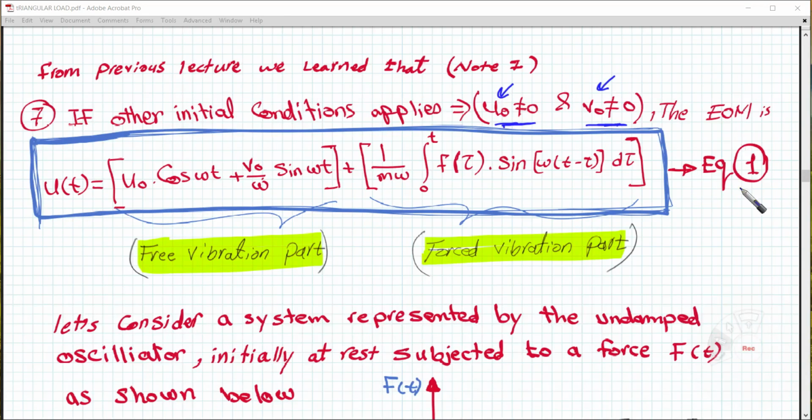For the derivation of this equation, you can revisit the previous video and you're going to find it. We are going to title it equation 1.